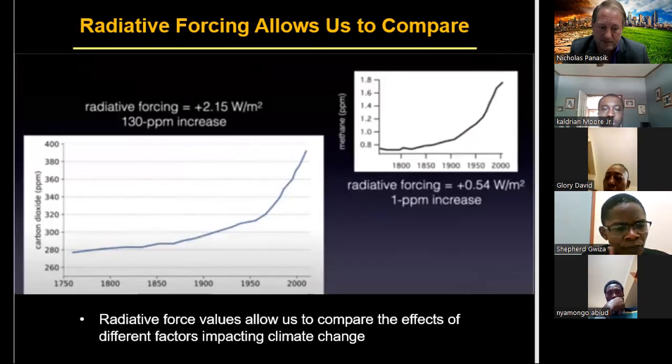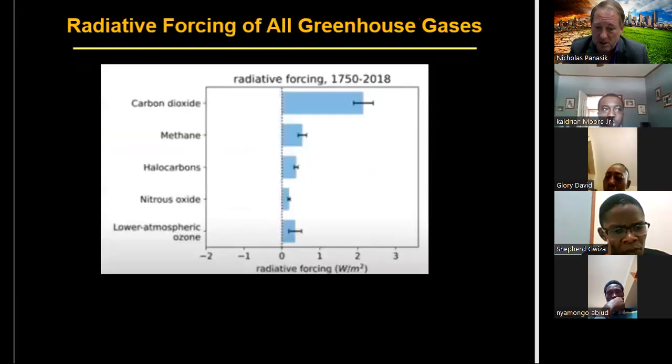Okay. And that can be really helpful because now we can put all of the greenhouse gases together to see, well, what's their radiative forcing? What amount are they contributing to this energy imbalance that the planet's going to have to adjust to? And so for carbon dioxide, we see that it's a little over 2 here.